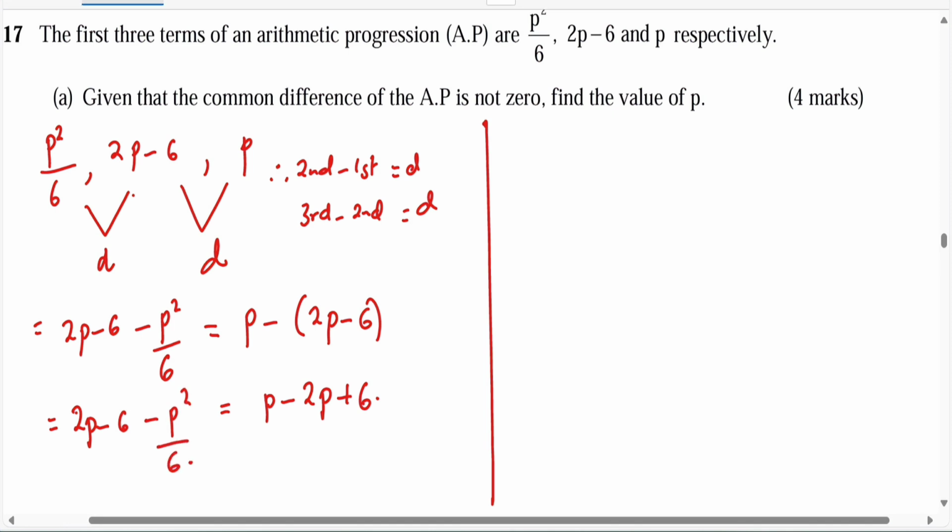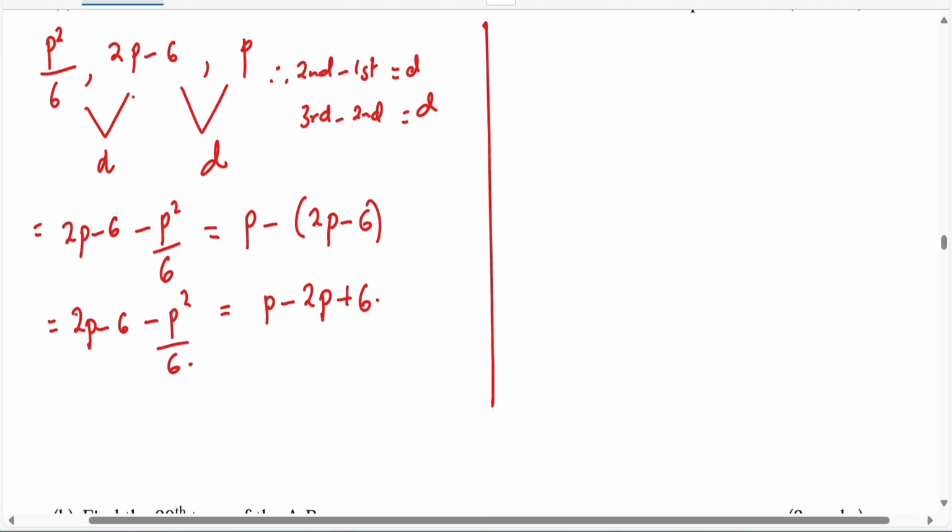Sasa hii 6 nataka kuitoa, lakini first collect like term kabla tujaenda kutoa hizo. So p minus 2p ni minus p plus 6, na hapa ni 2p minus 6 minus p squared over 6. Tutoa hii 6 ambayo iko kwa denominator, or multiply na 6 kote.